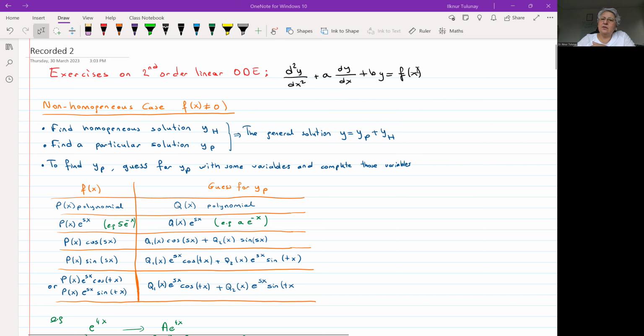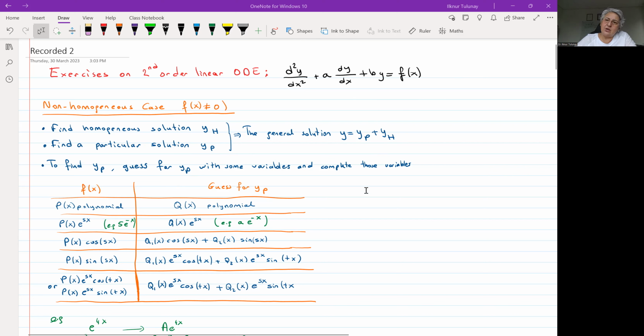For f(x), we guess a more general format of the function, then derive and substitute in, and calculate the particular solution for the non-homogeneous part. Let's call this part yp. The general solution for the whole equation is given as a summation of these two parts. So y, the general solution, is the homogeneous part plus the non-homogeneous part.